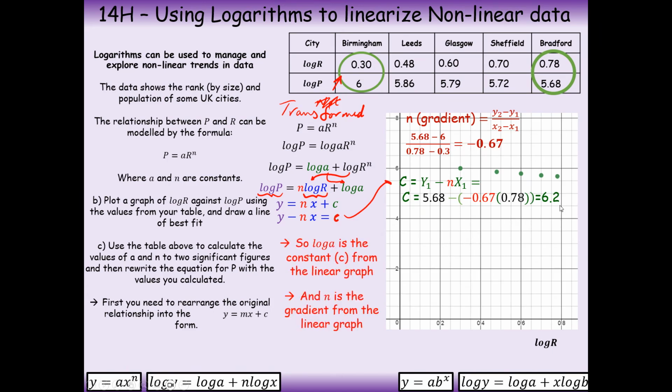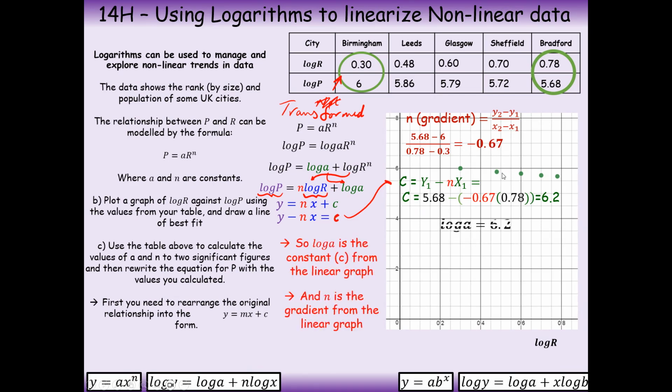your c is 6.2. So now is the time that we can go back and find our original a, and the value of a here is this 6.2. Log a is 6.2. So we're going to match log a with 6.2 and match log r. Log r is x, and we can read n to be negative 0.6.